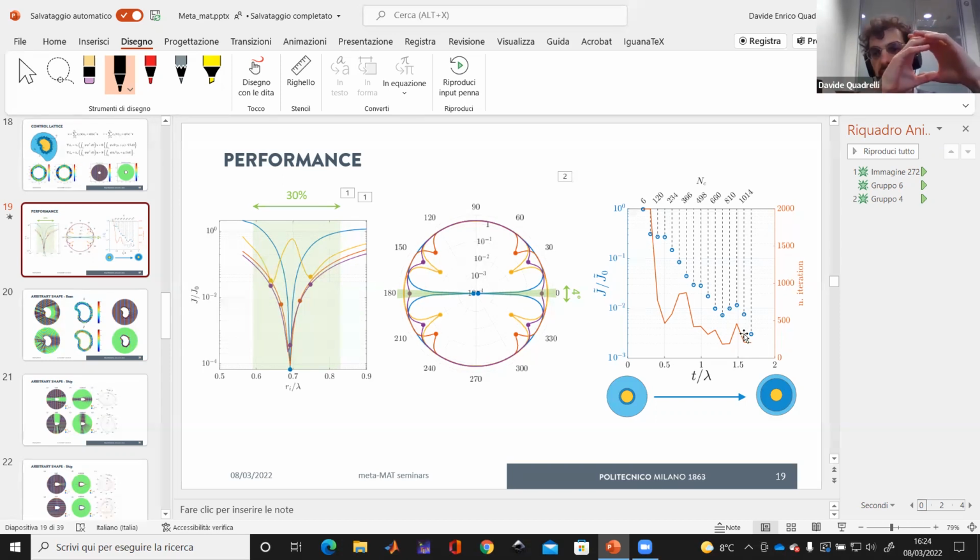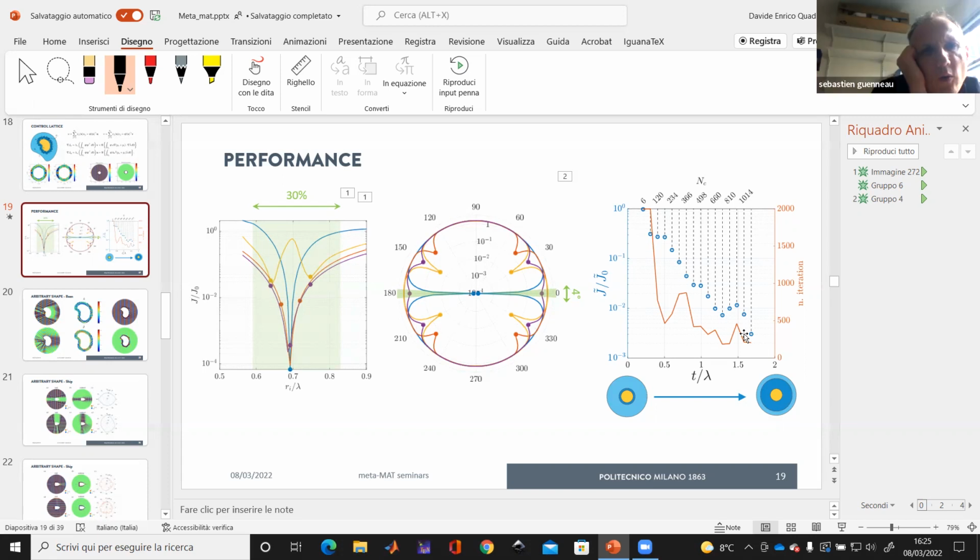So this is an analysis we did, keeping fixed the size of the unit cells and increasing the thickness. But if you can keep fixed the thickness and decrease the size of the unit cell, I think you can do a very thin cloak with a lot of degrees of freedom, and then it can work in the end.